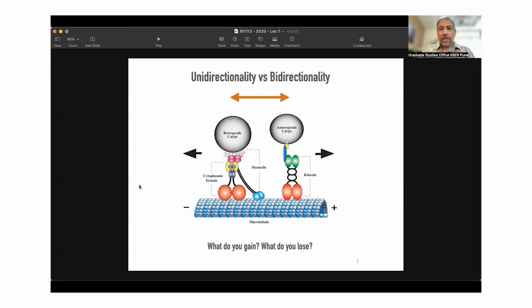Right. Now, see, in all of these mechanisms, many of you have said things like bidirectionality can create confusion. It would spend more energy. Somebody said specialization, right? And this term specialization is particularly interesting, because with motor proteins there is a trade-off here.